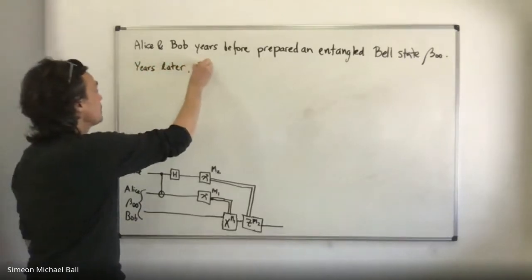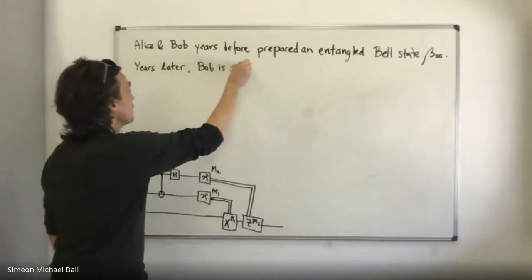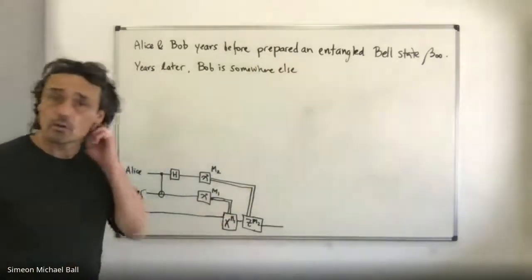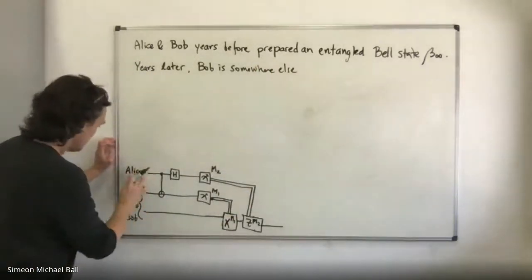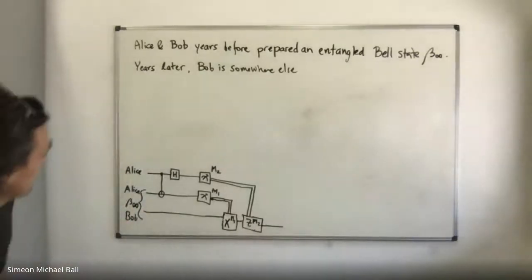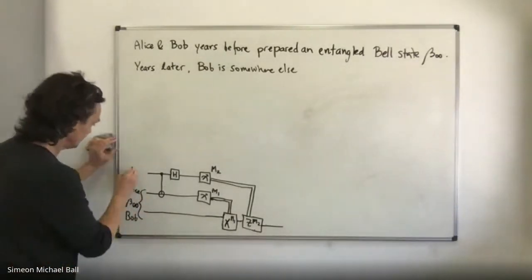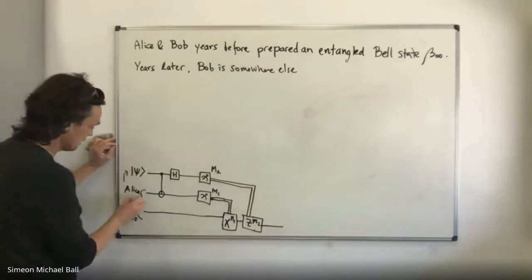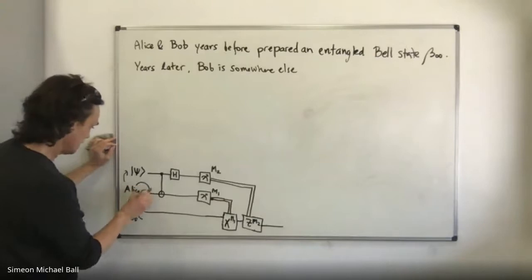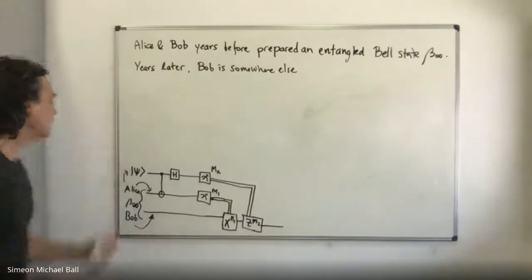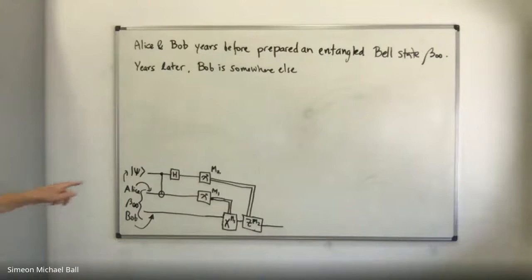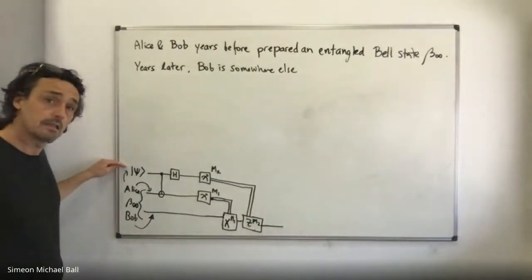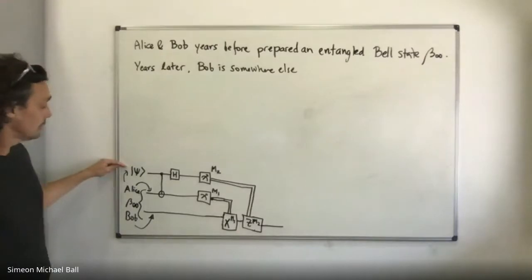Now years later, Bob is somewhere else, and Alice wants to teleport. This is Alice's state here, some quantum state belonging to her. So Alice has this one and this one, and Bob has this one. Alice wants to send this quantum state psi to Bob.